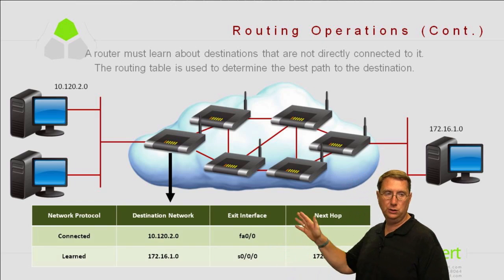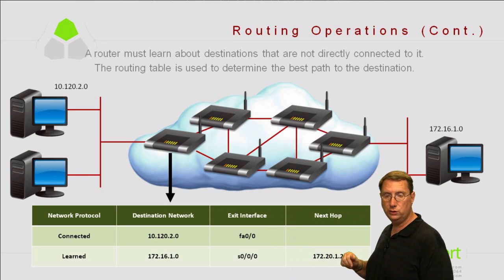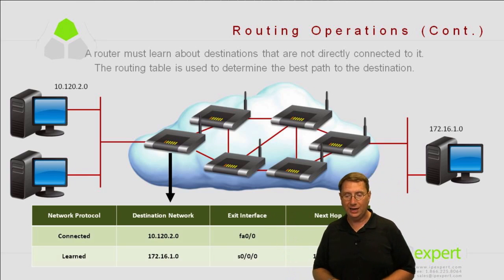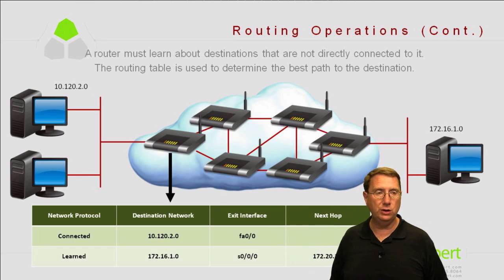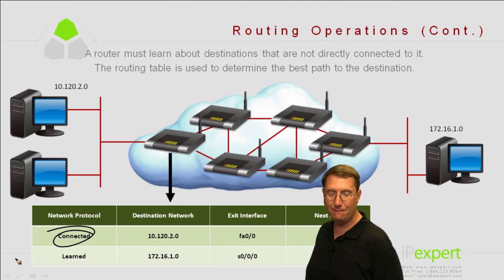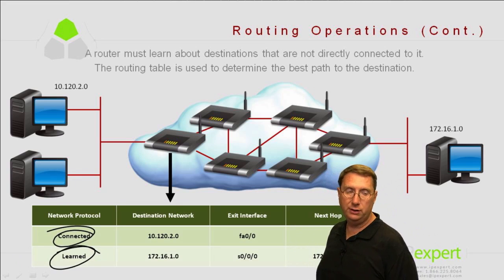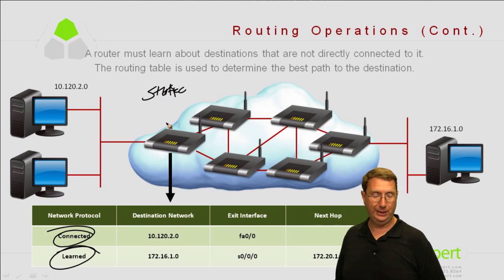And notice it's going to include the destination IP, the exit interface, and also a next hop address if we need one. It's going to fall into two different categories. We have connected interfaces, which we get by default, and the capability of learning other networks, not interfaces. And we also have a static prefix that we can use for reachability.